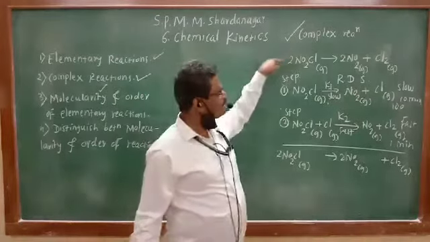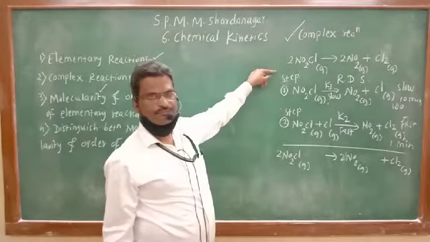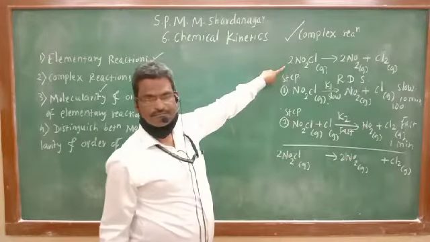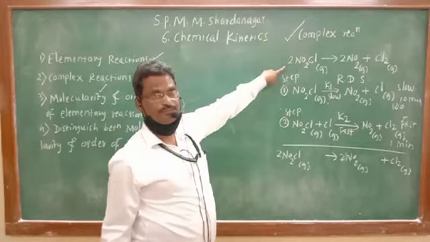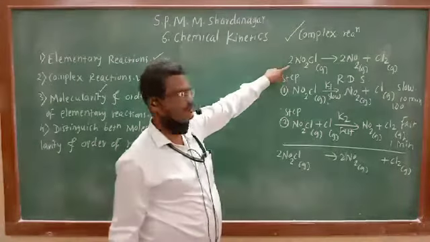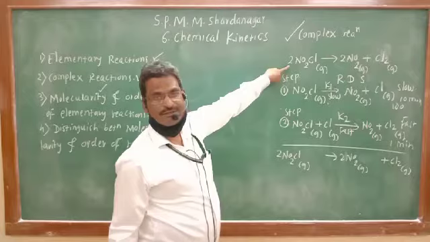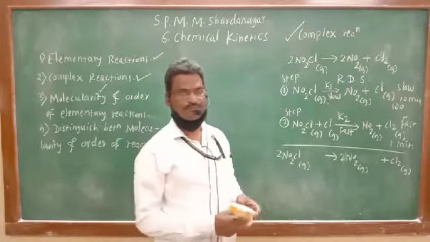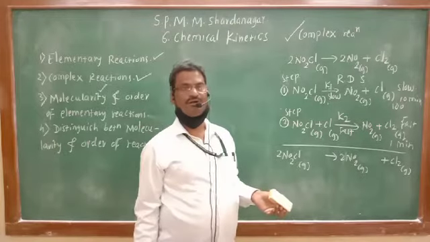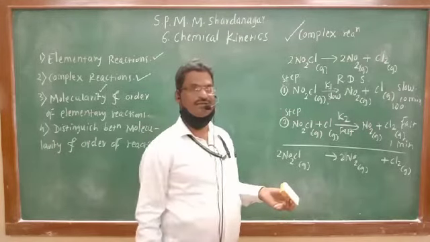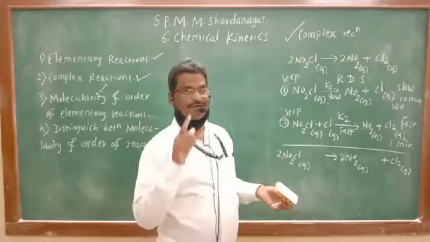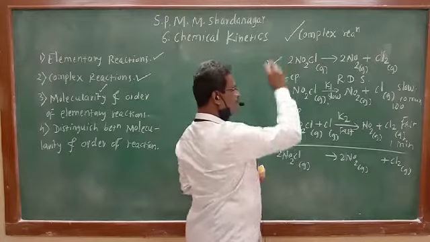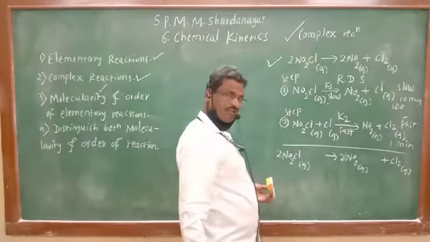Let us consider again this complex reaction. For this complex reaction, how many molecules of reactant are present? 2 molecules of reactant are present. So molecularity is equal to 2. But the rate of this reaction depends on which step?